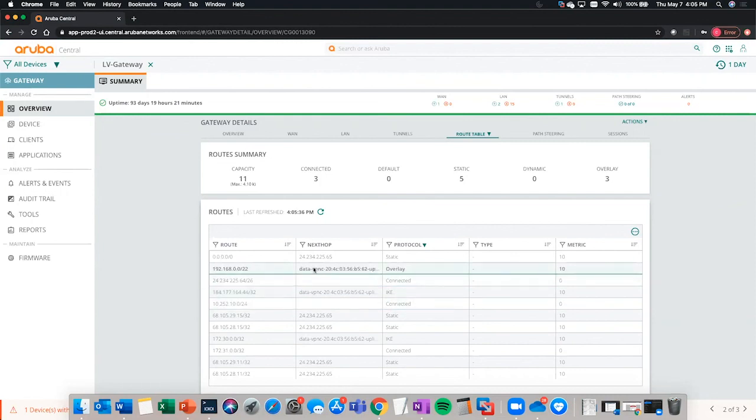But you can see we're learning the network, which is sitting behind the VPNC, the 192.168.0 network, and that was all added to the branch gateway over in Las Vegas using the overlay routing that's coming up. And you can see there's a number of different routes that are coming up. These static routes that you're seeing here are default gateways for Cox internet connection, and then we also have our VPNC connection here.